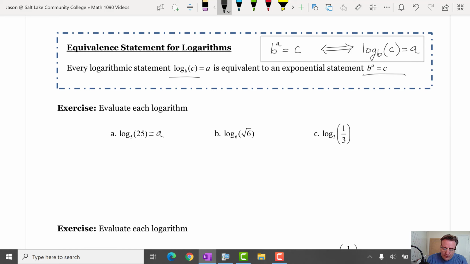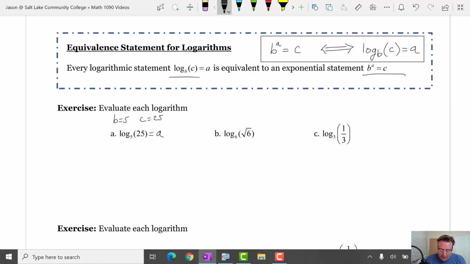So I'm going to convert this to the equivalent exponential expression. My b in this case, my base, is 5. The base of the logarithm, or the base of the exponentiation, is 5. My c is 25.